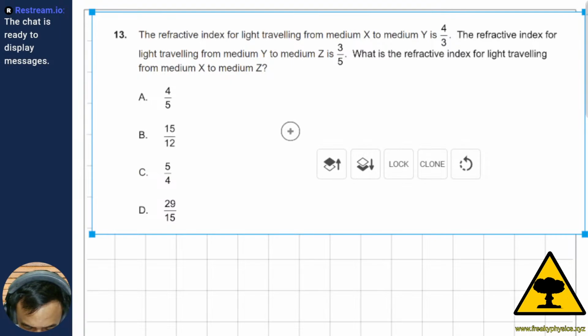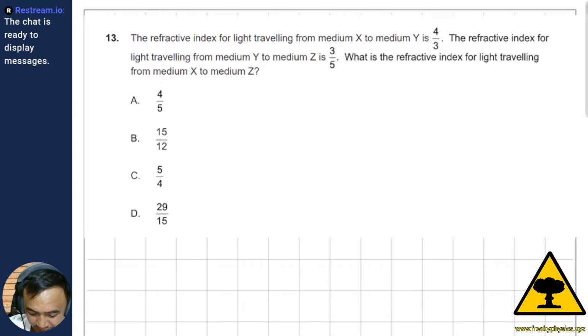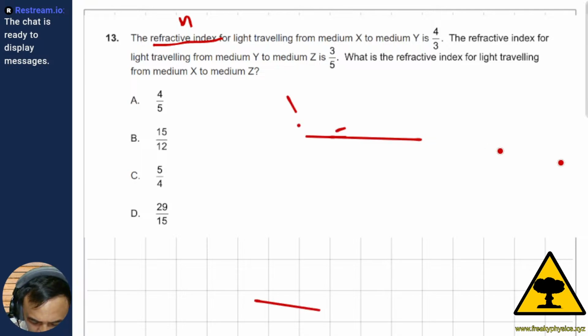Now the proper way to do this is to go back to the definition of the refractive index. This would be n, and we know that n would be equal to, why is it not writing? Okay, there we go.